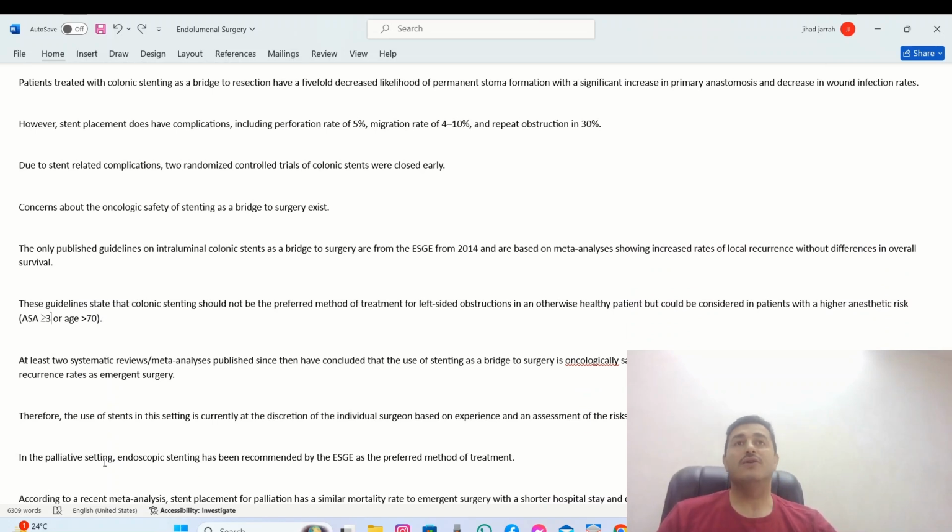What we need, of course, is a contrast study to know the degree of stenosis, the length of the tumor, and the site of the tumor, either by barium enema or CT contrast enema. If the contrast cannot bypass the tumor, unfortunately the stent cannot be inserted, because the wire before inserting the stent cannot be inserted.